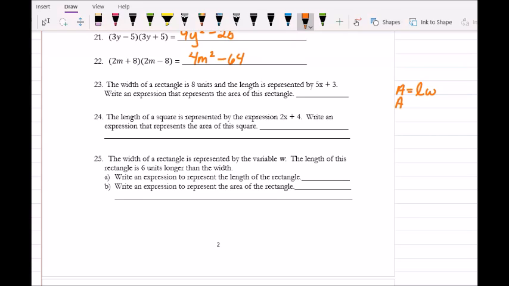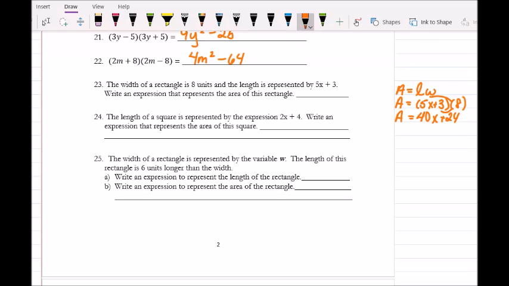So the area would equal, its length is 5x plus 3, and its width is 8 units. Since we have a binomial times a monomial, we're just going to distribute. So 5x times 8 is 40x, and 3 times 8 is 24. And that would be it.